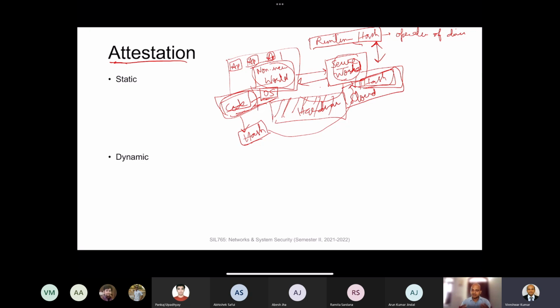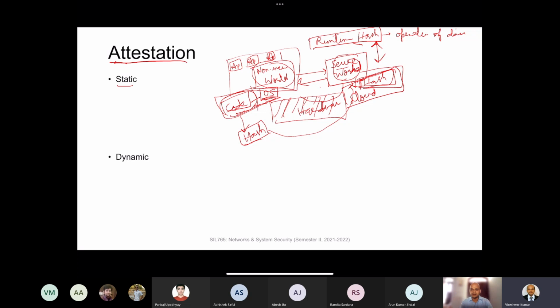So that is the static way of attestation, where we are assuming that the OS code remains static, and the corresponding hash has been stored in the hardware in the secure world.